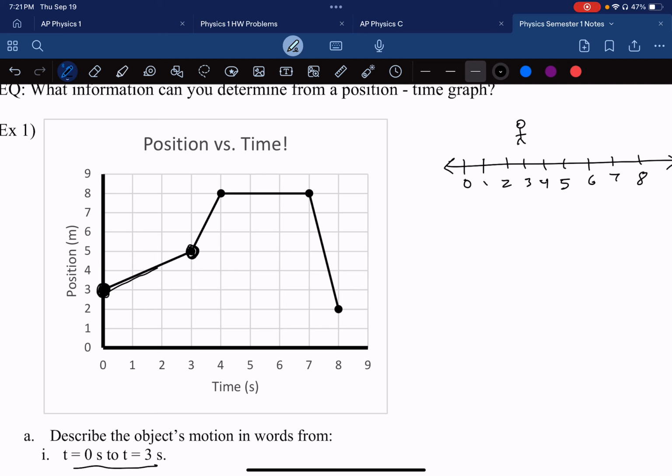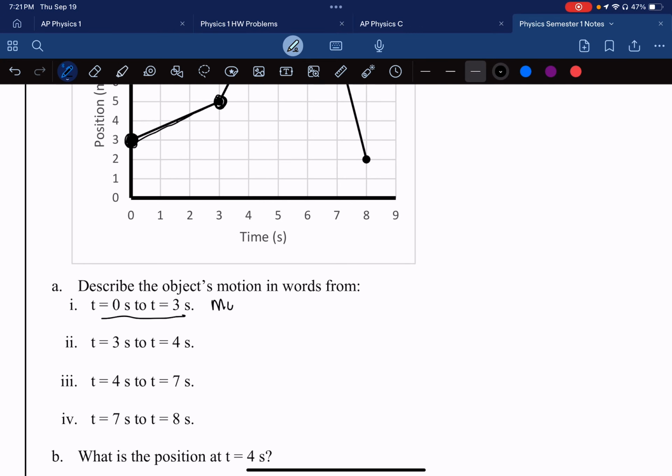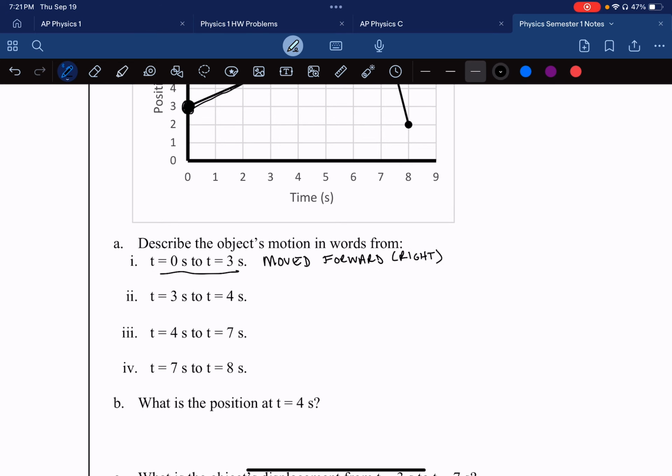As time goes on, for the next 3 seconds, the person will move to 4 and then eventually to 5. So the person will end at 5. What did the person do? They just moved to the right. So for this, we'll just say moved forward or moved to the right. Sometimes we say right, sometimes we say forward.